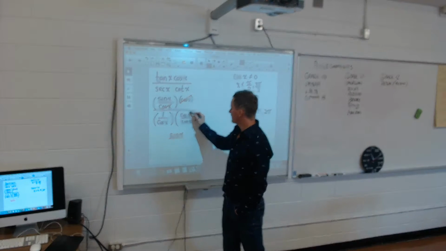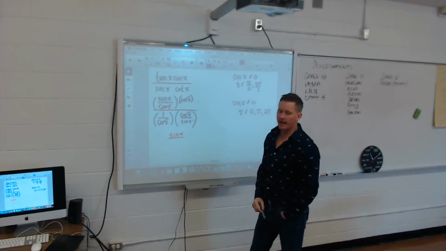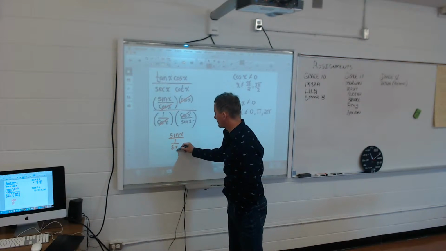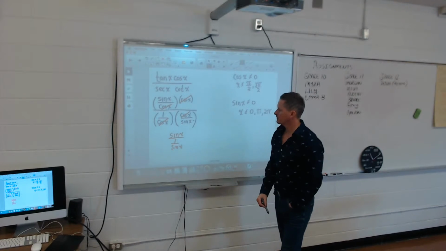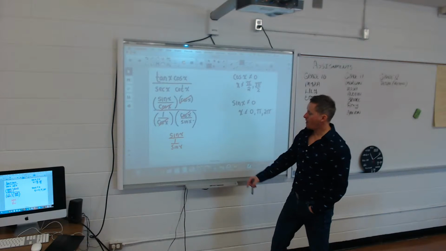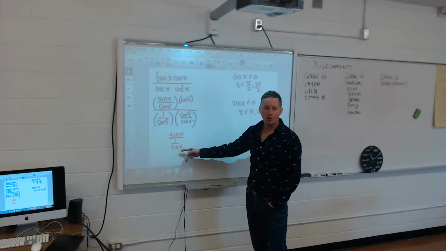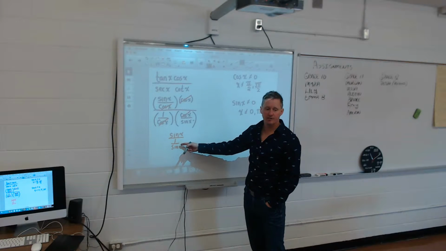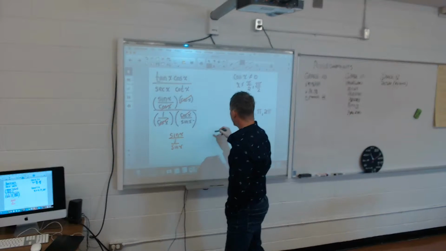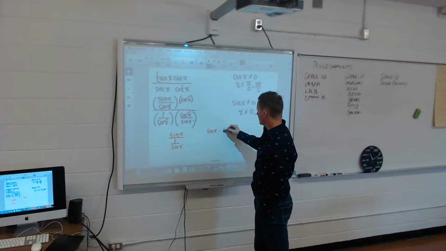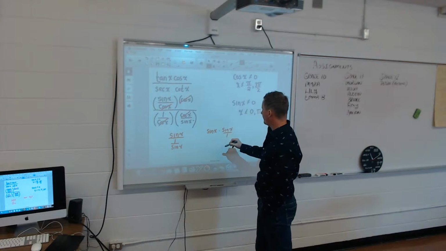And on the bottom, that cos x and that cos x cancel, and it leaves me with 1 over sine x. All right? So now I have sine x divided by 1 over sine x. Because I'm dividing, I multiply by the reciprocal of 1 over sine x. So that gives me sine x on top times sine x over 1 on the bottom.